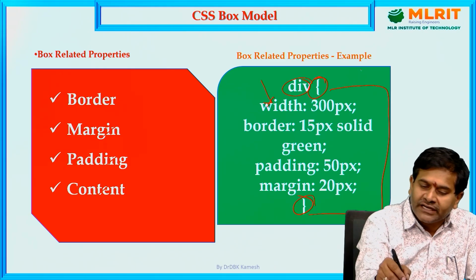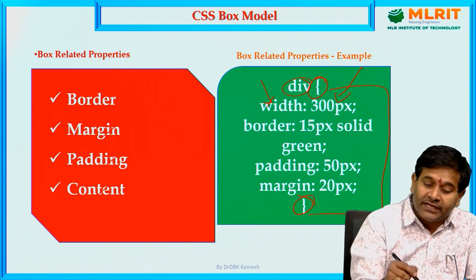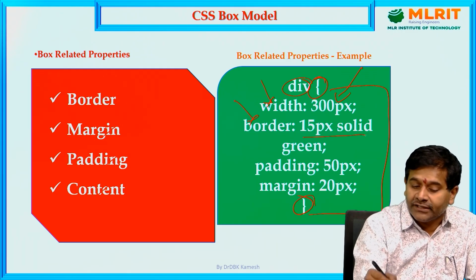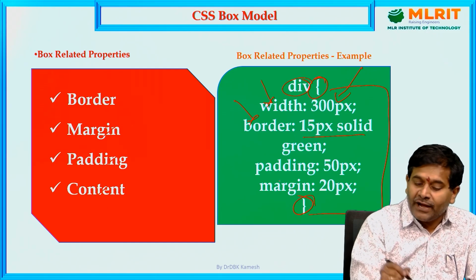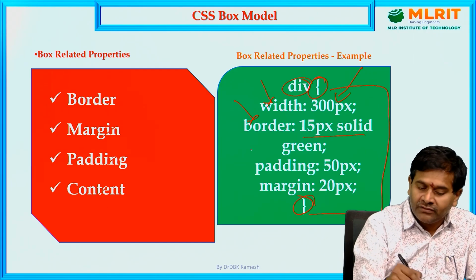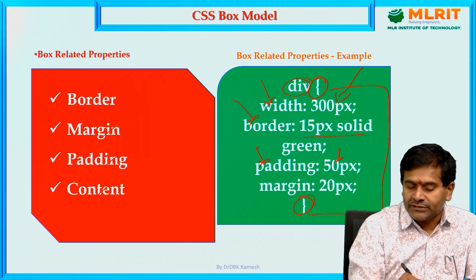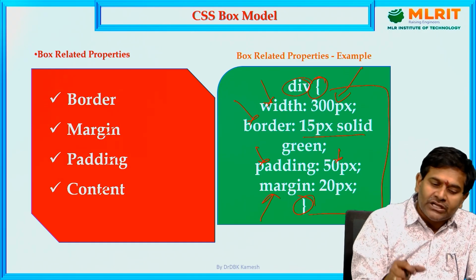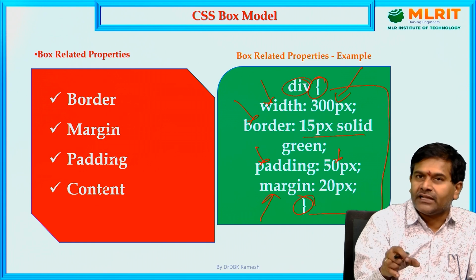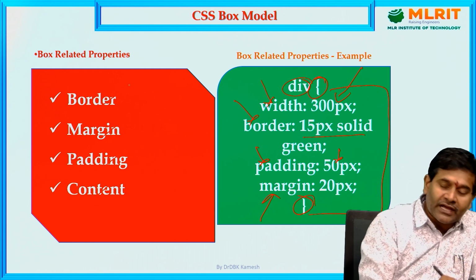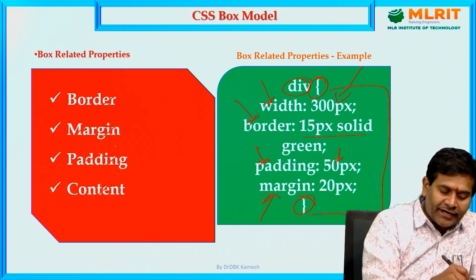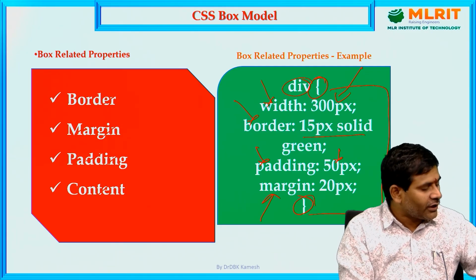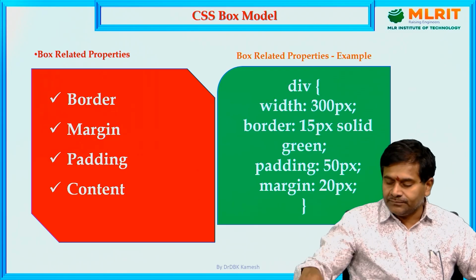How much? We require 300 pixels width. Then border: we need 15 pixels solid green. Then padding: we need 50 pixels padding, and margin of 20 pixels. In this particular example, we can set the border, margins and padding, and the content also we need to incorporate. This is an example of the box model.